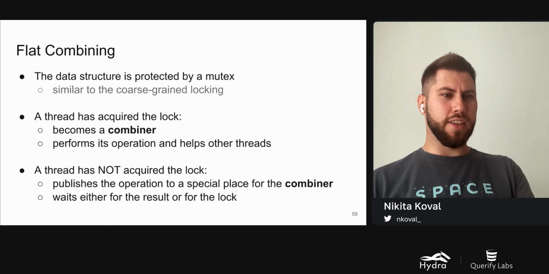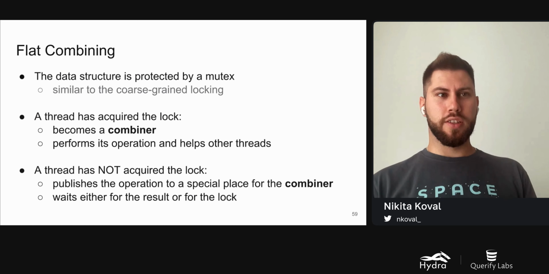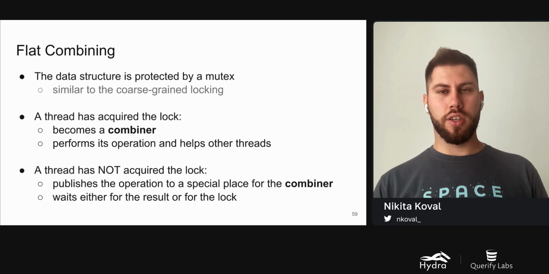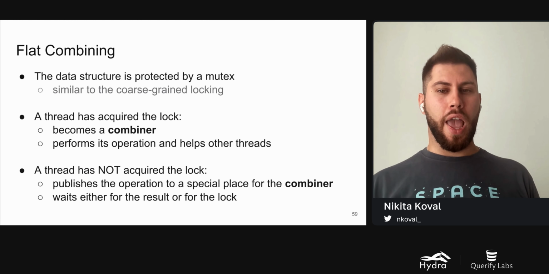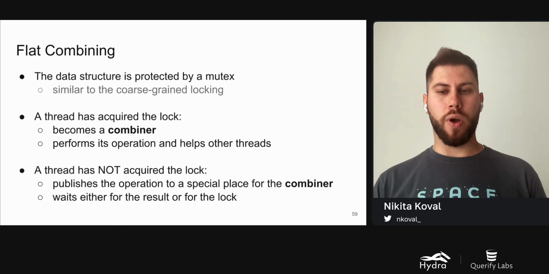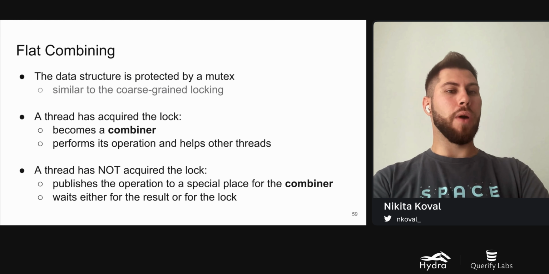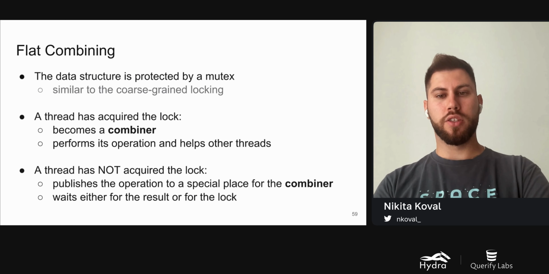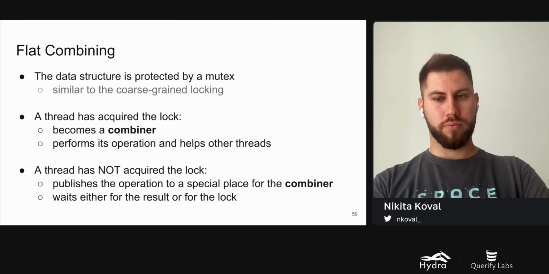Because you already have the lock, so it's not a big deal for you to apply the operation, because acquiring the lock takes time. We need to perform a lot of synchronization for that. And in this case, it would be much, much better because you don't need to acquire locks every time. Okay? So the combiner, after it applies its own operation, also tries to help other threads with their operations.